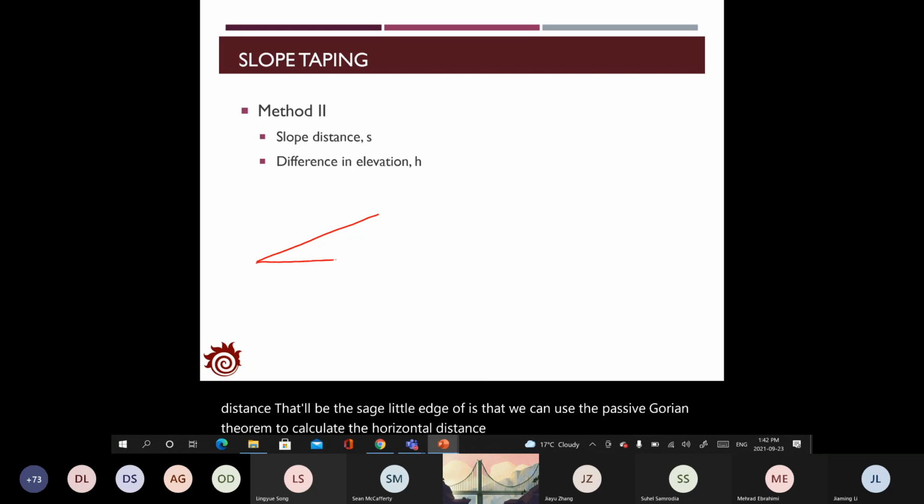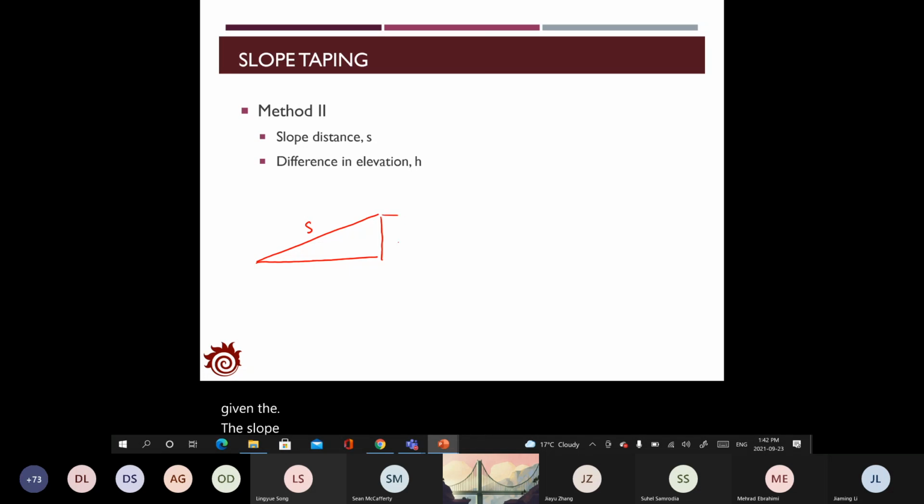So, for example, in this case, we are given the slope distance, and we are also provided with the vertical distance, say the letter H, and then we want to find out the horizontal distance.